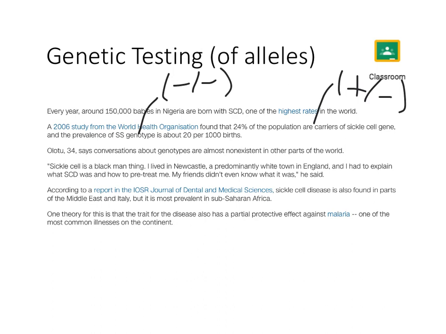24% of the population are carriers, and the prevalence of the genotype is about 20 per 1,000 births. So the goal here in this worksheet is to fill in all the yellow. So start with the observed sickle cell disease frequency, that's one of these numbers up here, and then see in the next 5 minutes if you can get through the next 4, calculating the probability of 2 random Nigerians that might be interested in dating.